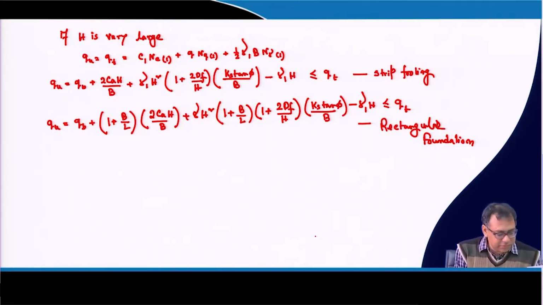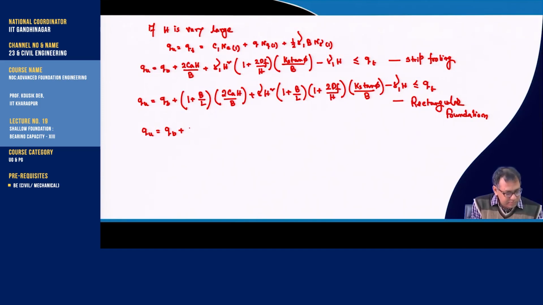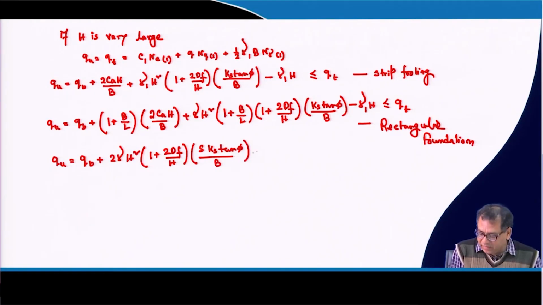Now, how can I use it for the circular footing? In such case, qu will be qb plus 2 gamma 1 H square (1 plus 2 Df by H) Ks tan phi divided by B, minus gamma 1 H, that should be less than qt.